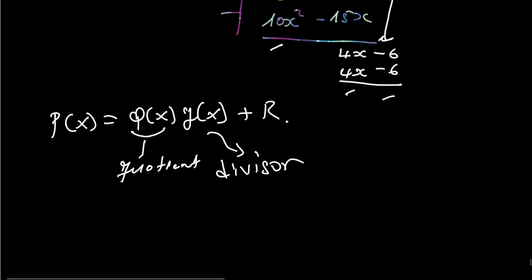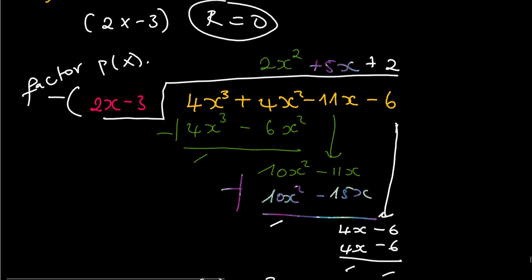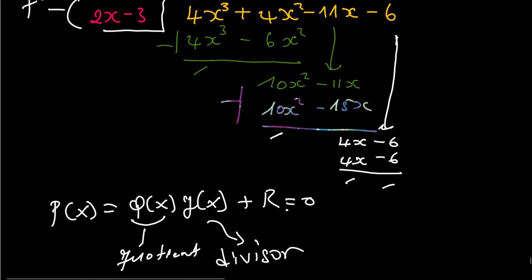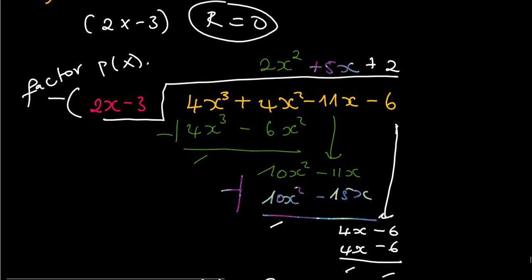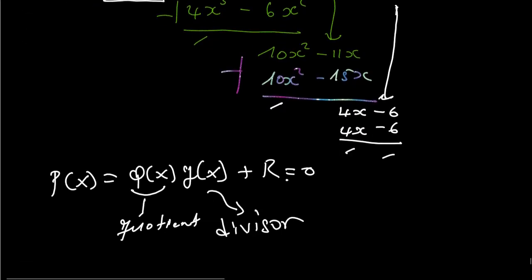When you take the product of the two plus the remainder, it gives you back the polynomial p of x. But in our case, the remainder is equal to 0, so we are just going to take the product of the quotient and the divisor. That's 2x minus 3 times 2x squared plus 5x plus 2.